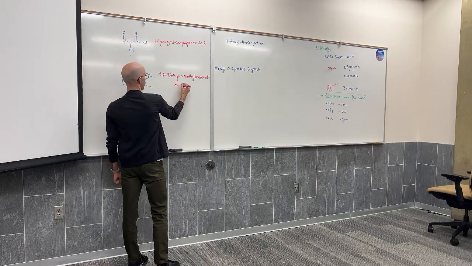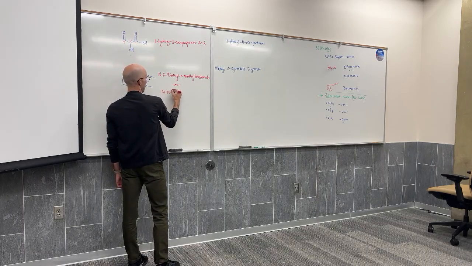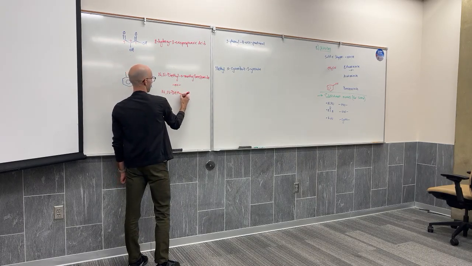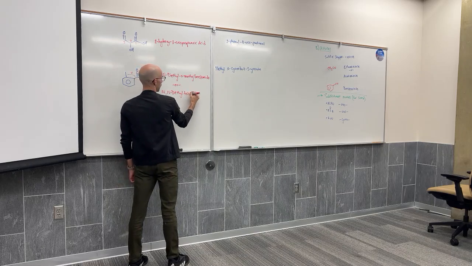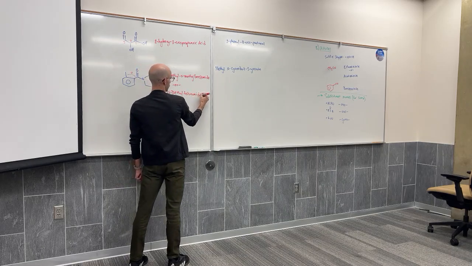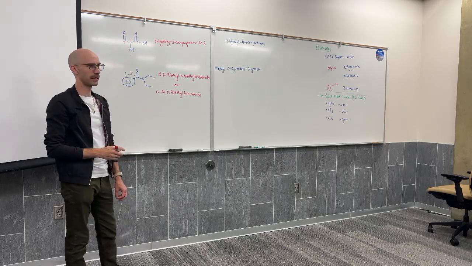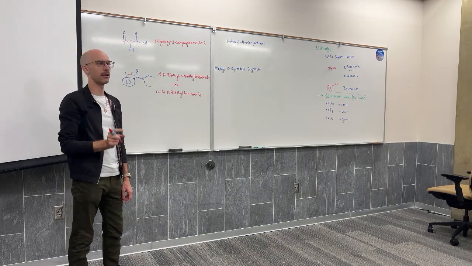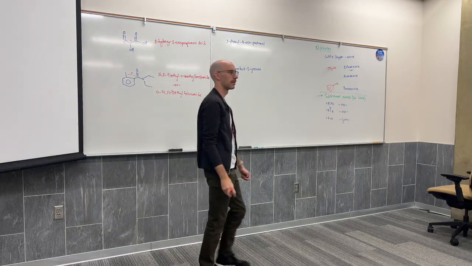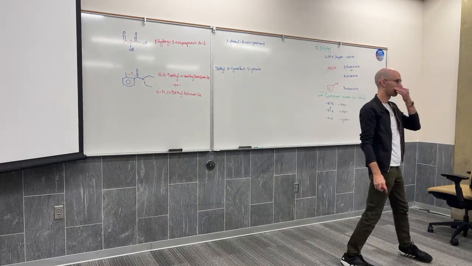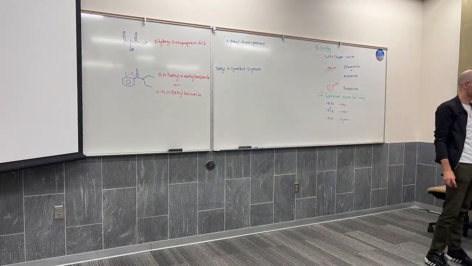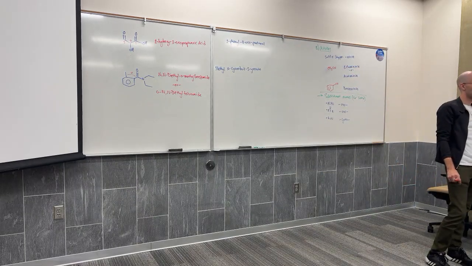So we can also call this compound N,N-diethyl toluamide, ortho-N,N-diethyl toluamide. I put N,N-diethyl 1-methyl ortho benzoate.